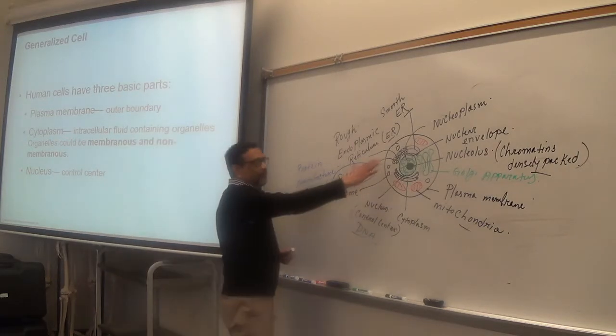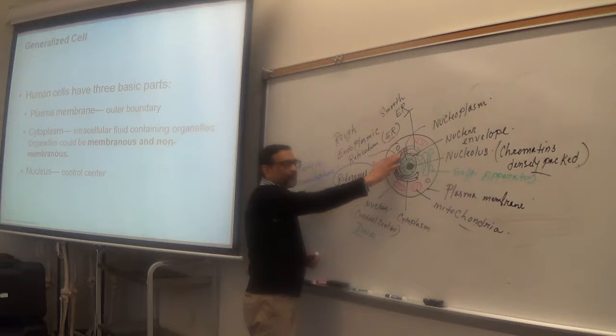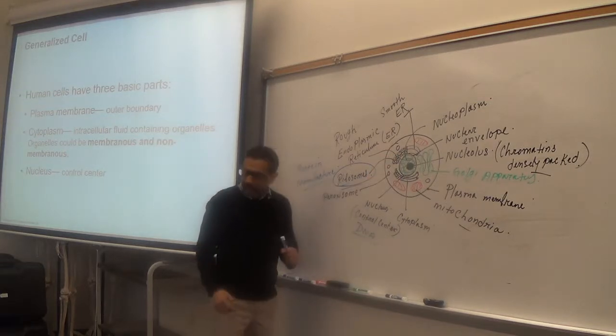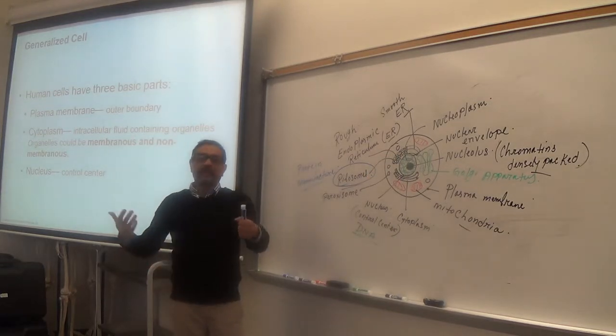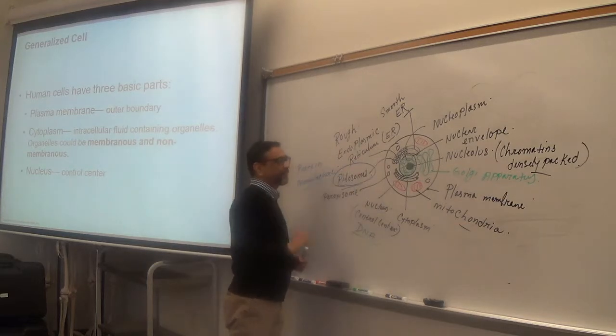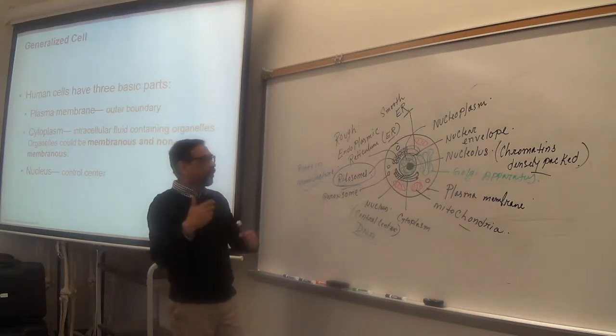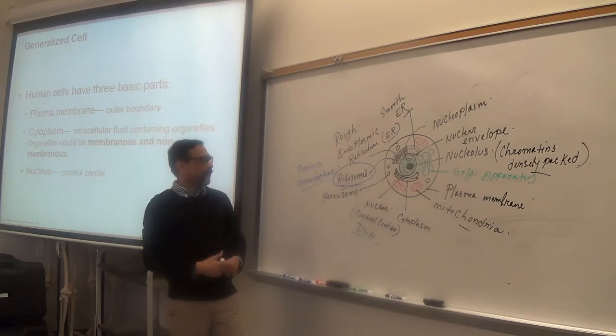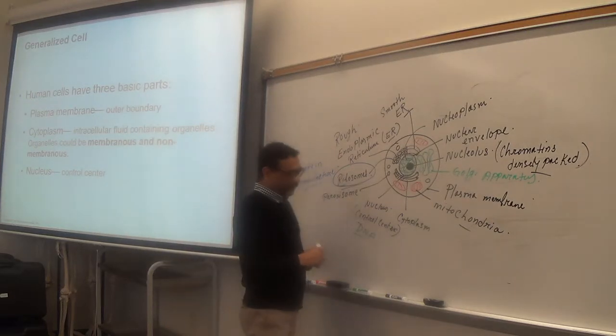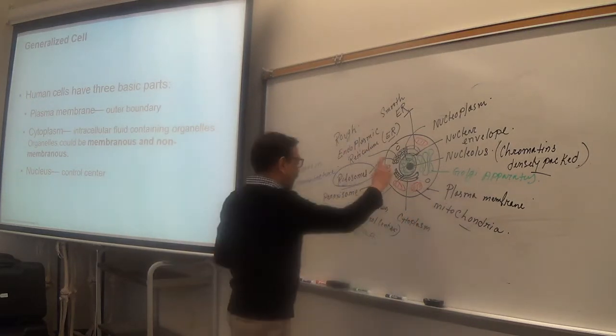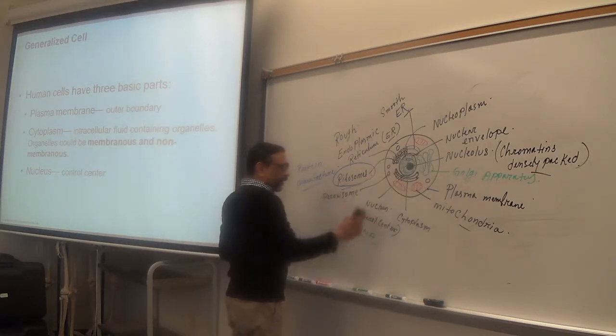Now, how do the ribosomes manufacture proteins? What kind of protein should the ribosome manufacture? How will the ribosome know? There are many different types of proteins that are produced in the cell. So to know that, you need to know what happens in the nucleus.